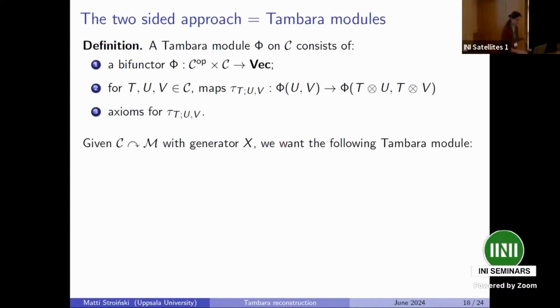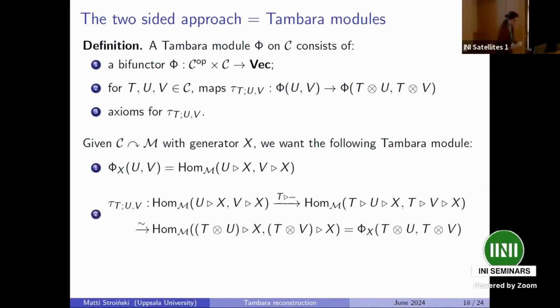Quite natural exceptions. What is the relation of that to reconstruction? Well, we want the Tambara module which takes UV and sends it to the hom space from U acts on X to V acts on X. So the exact thing that we saw in the previous. And the structure maps are simply tensoring or acting by T, then filling in some coherence isomorphisms, and all that is the structure map.